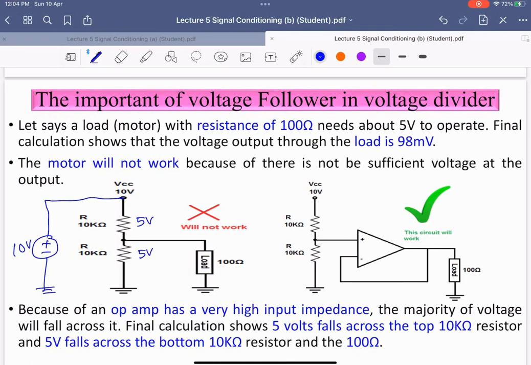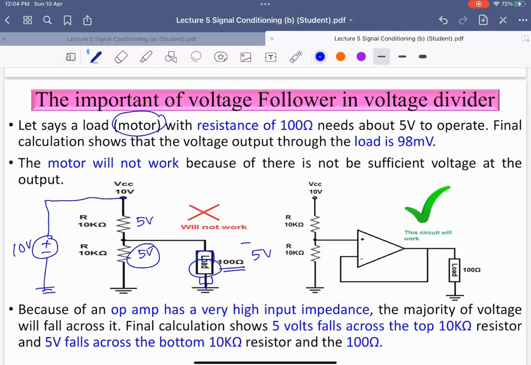Okay, so we have a load, this one, that has a resistance of 100 ohm, which is a motor right here. The motor needs 5 volt to operate. If we look at here, it is 5 volt, and the motor is parallel to the resistor, so we will get 5 volt here.